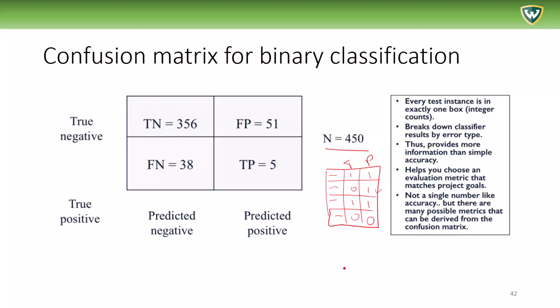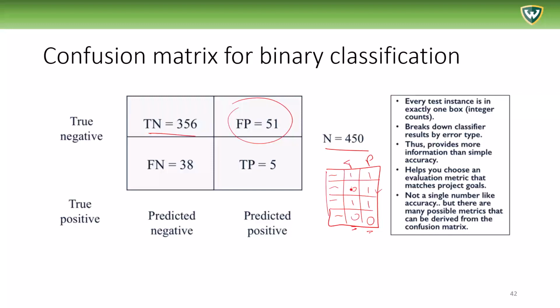Now, suppose we had 450 of these and not just 4. And there were 356 true negatives. That means the person did not have COVID and the test correctly said that the person did not have COVID. We had 51 false positives, meaning that the test said the person had COVID, but the person did not have COVID.